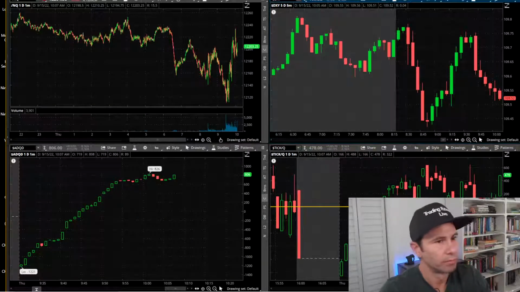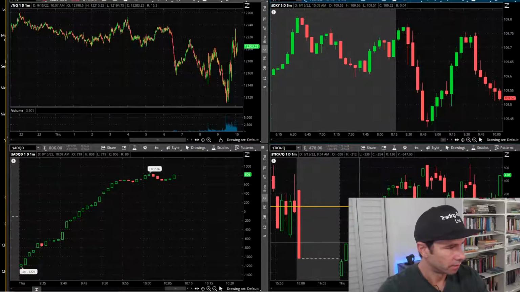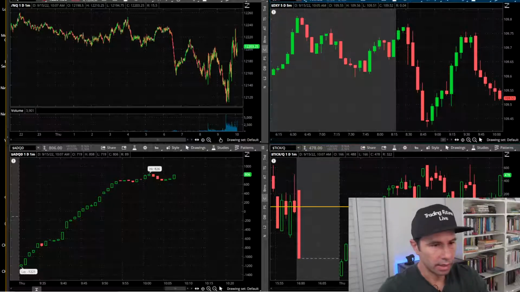All right. So the first thing I can notice about the tick chart, we created this low and then this low, right? This low was 935 and this was 1003.